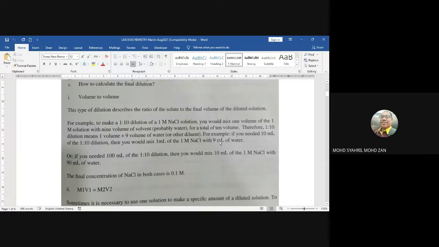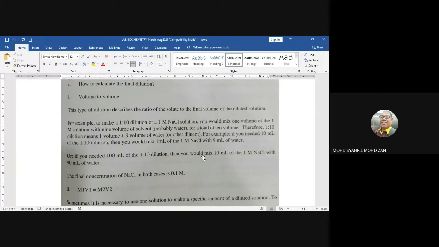Or in other words, if you need 100 ml, if you want a 1 to 10 dilution, then you have to mix 10 ml of the 1 molar sodium chloride with 90 ml of water. 1 to 9, right?